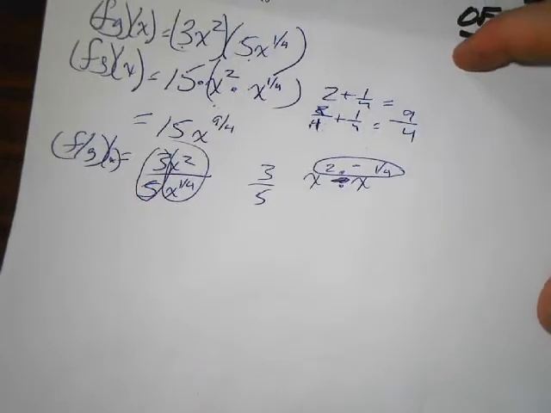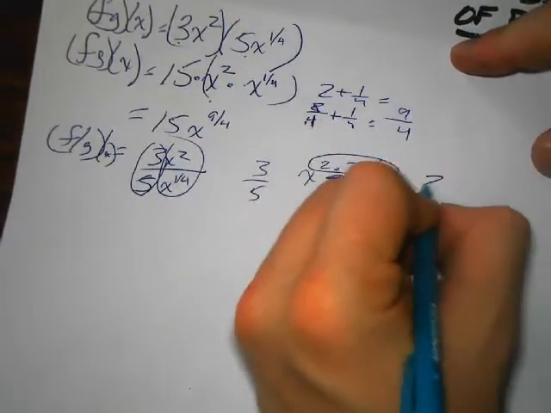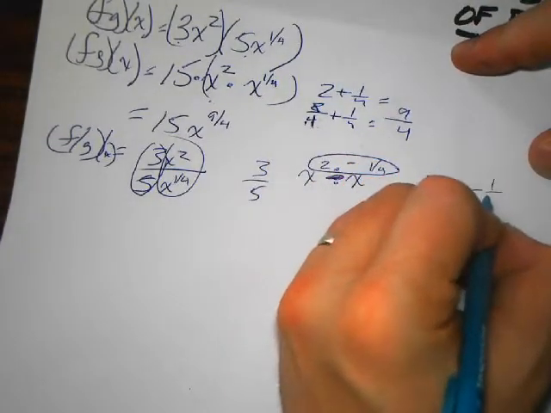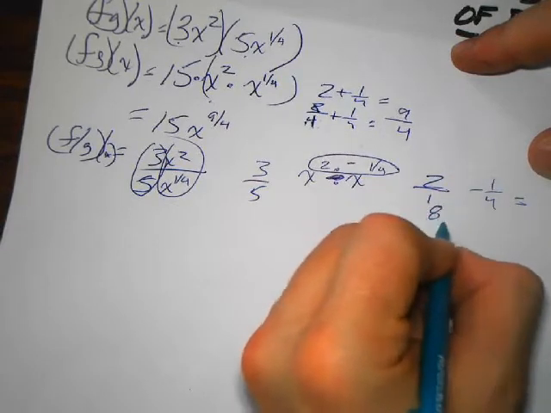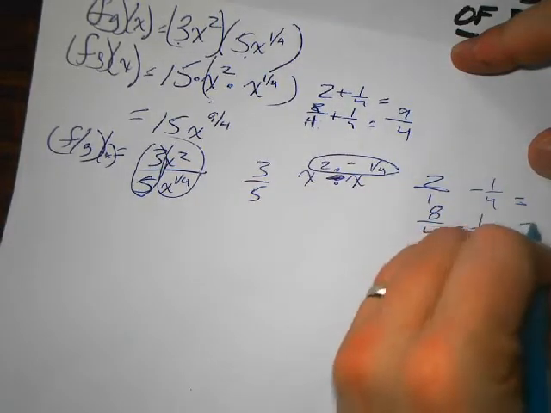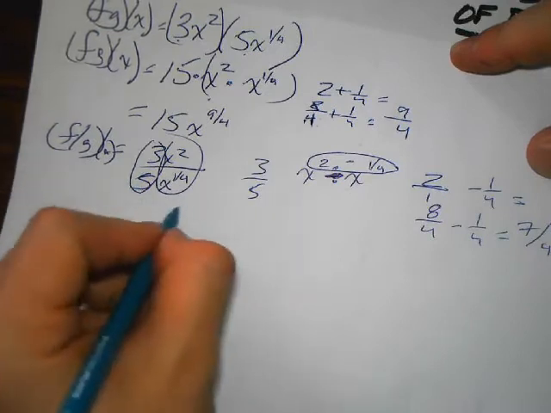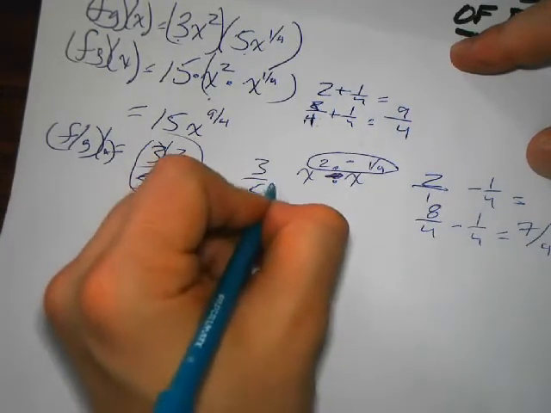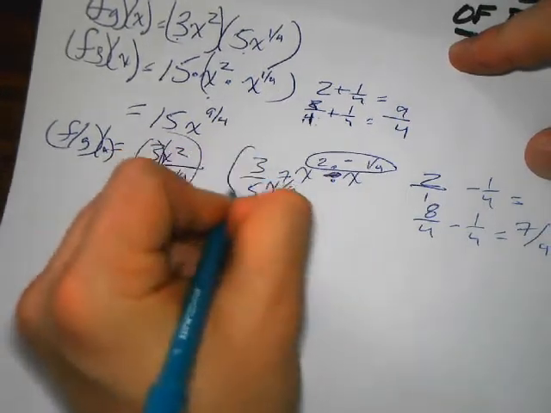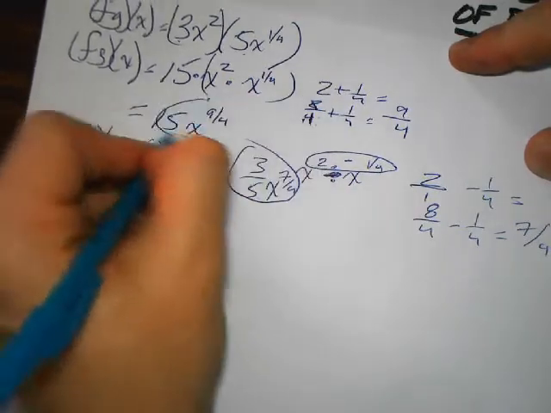So we're going to have 2 minus 1/4. 2 over 1 minus 1 over 4 on your calculator gives you 7 over 4. So you're going to have 3/5 x to the 7 over 4 power. And that'll be your final answer.